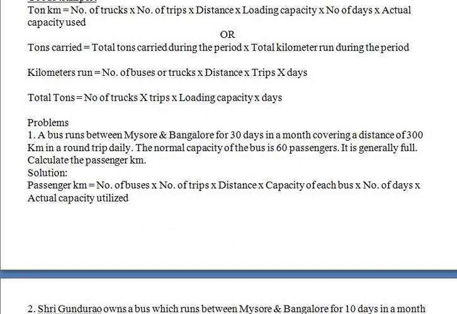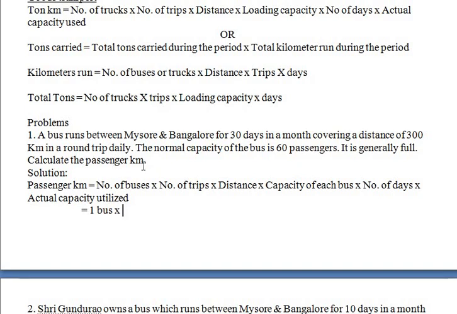Now first is number of buses. Go through the problem: a bus runs between. A bus means there is one bus. So one bus into number of trips. The number of trips: 300 kilometers in a round trip daily.